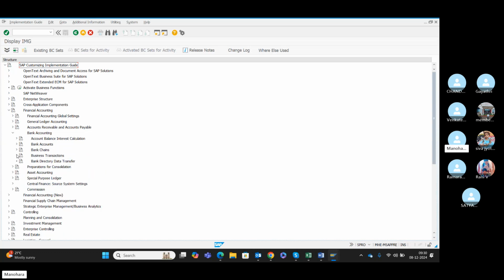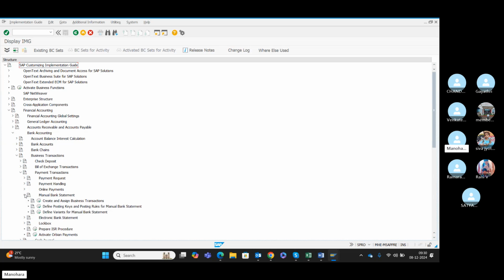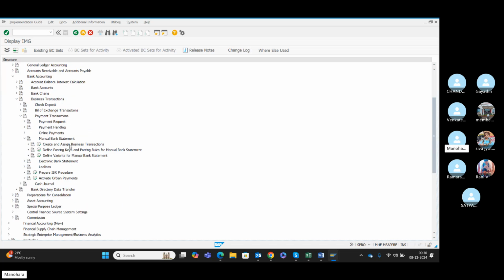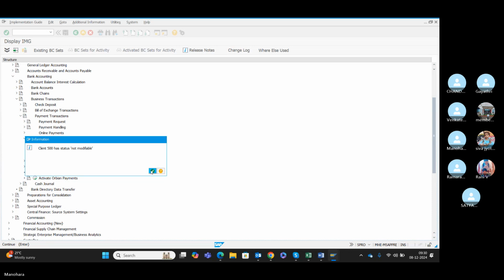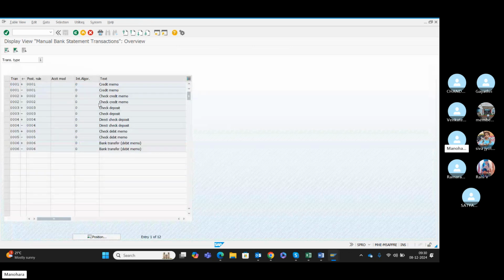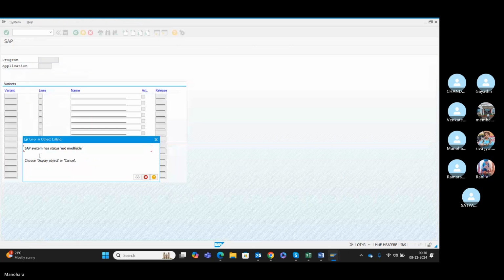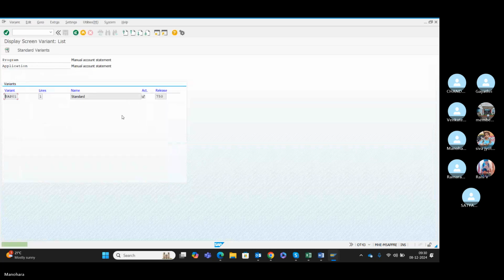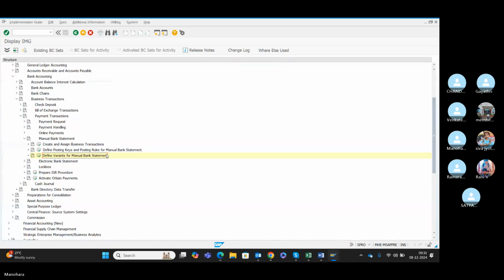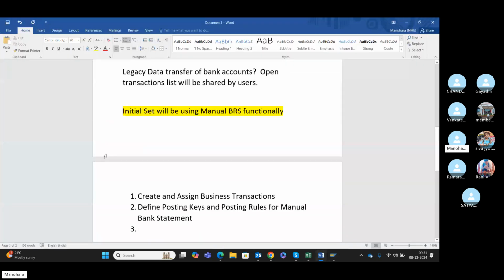Here, bank transactions, payment transactions, manual BRS. So here we have a variant. This is the first sequence, right? One, the second and the third one. So I will execute here. The third one I didn't copy, right? So the third point.